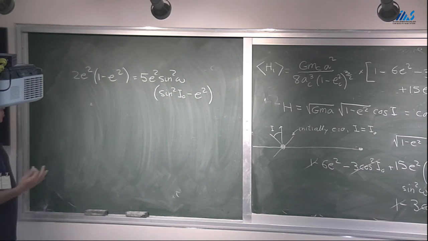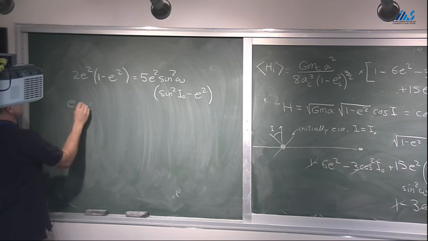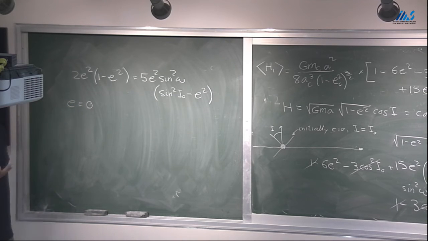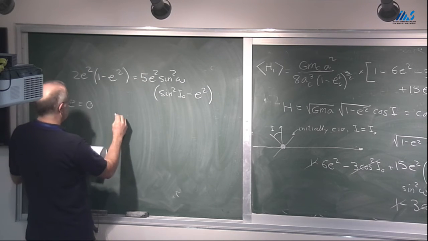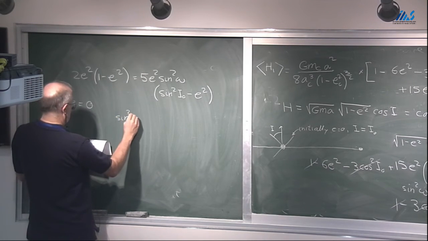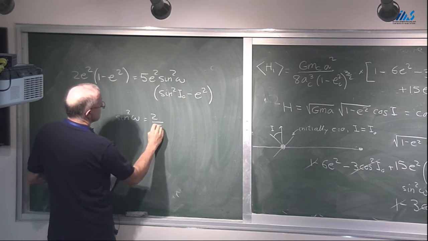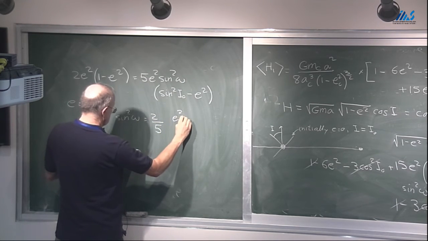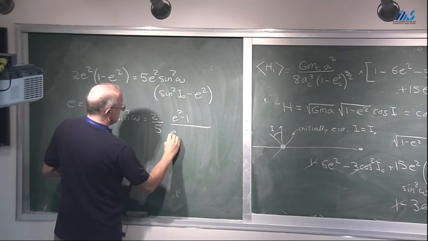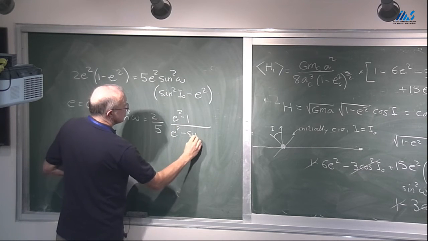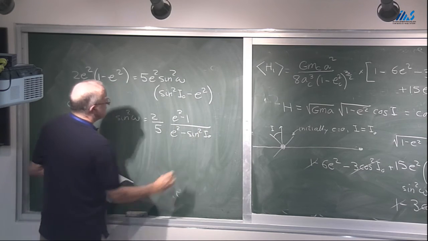Well, that's got two solutions: either e equals 0, that's an obvious solution because that's what we started with, or sine squared omega is 2/5 times (e squared minus 1)(e squared minus sine squared I0).